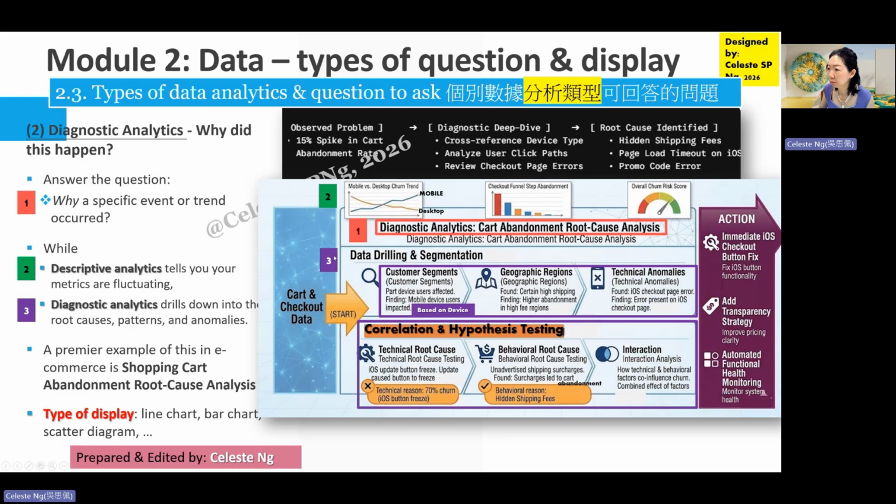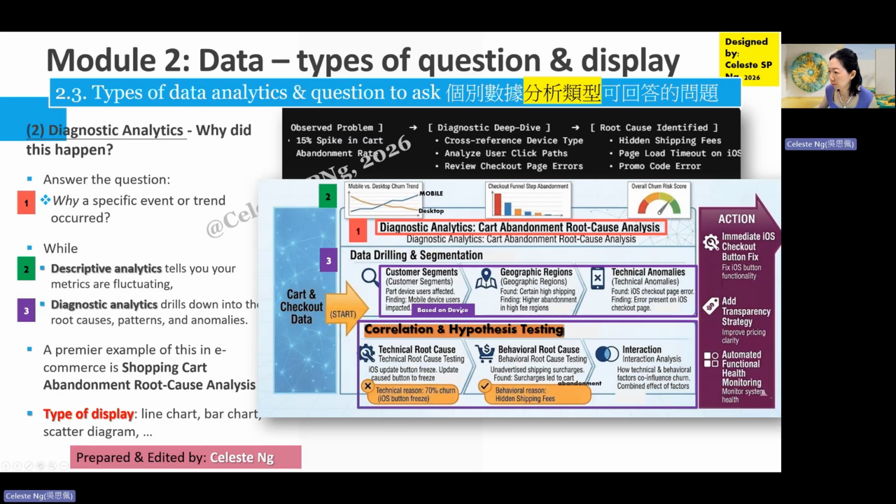So here we will start, as part of our diagnostic analytics, with data drilling. From the descriptive analytics, we know that mobile devices are pretty risky for the consumer channel because the churn is increasing. So we will look at the customer segment based on devices, where the transaction comes from.